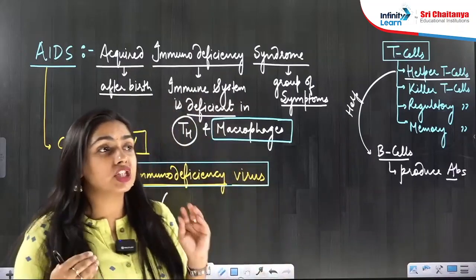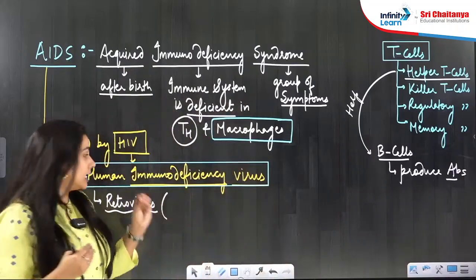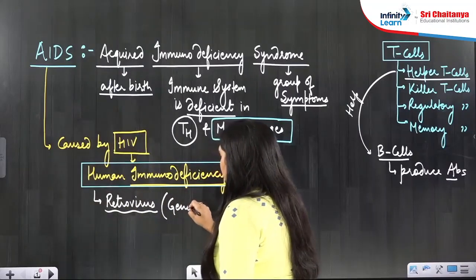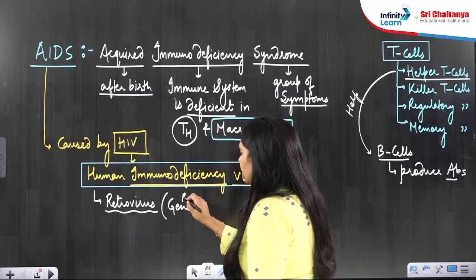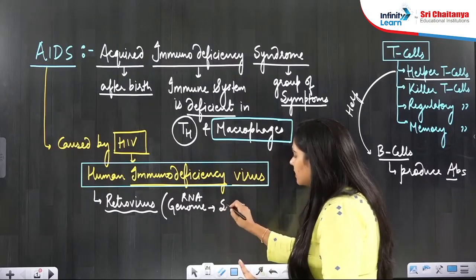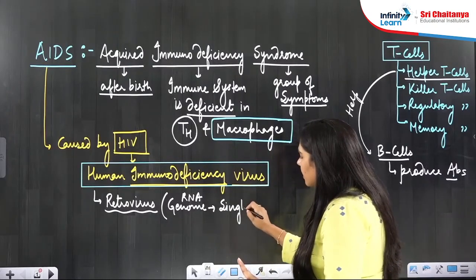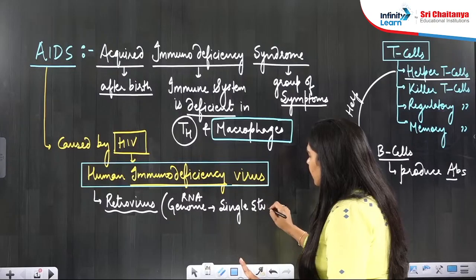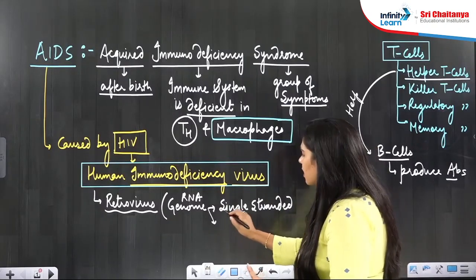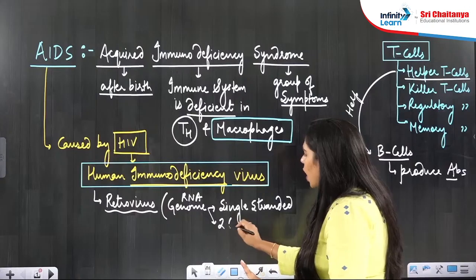Their genetic material, the genome, is RNA. Retrovirus genome is RNA, beta. In this RNA genome, you should remember there is single-stranded RNA. There is not double-stranded RNA. There is single-stranded RNA. And how many copies of single-stranded RNA? 2 copies, beta.